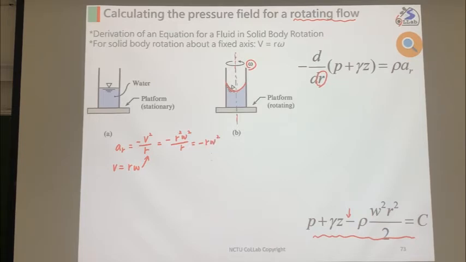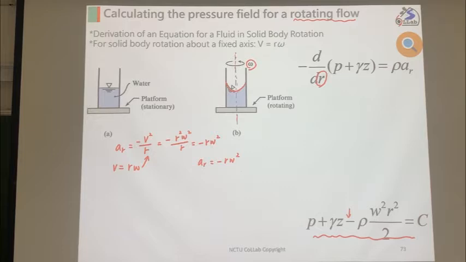And then we put it in here. So we have a_r equal to minus R omega squared. But on the left hand side we have the dr, and on the right hand side we don't.